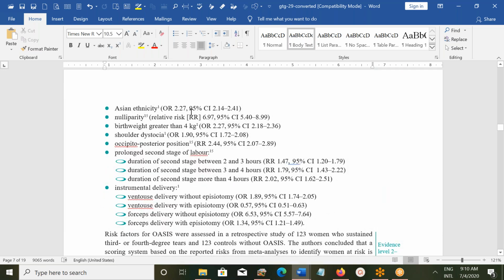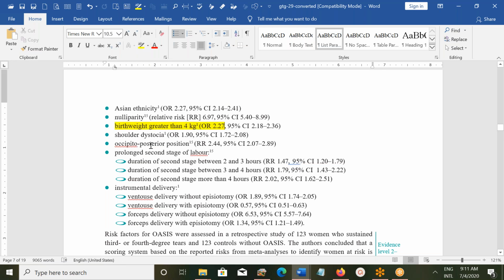But if they ask you which factor is more closely related, then you should know a few odds ratios here. Asian ethnicity, a higher chance of injury. Multiparity, relatively lower risk because the perineum will be lax. Birth weight, if it is greater than 4 kg, yes, it is a significant risk factor.